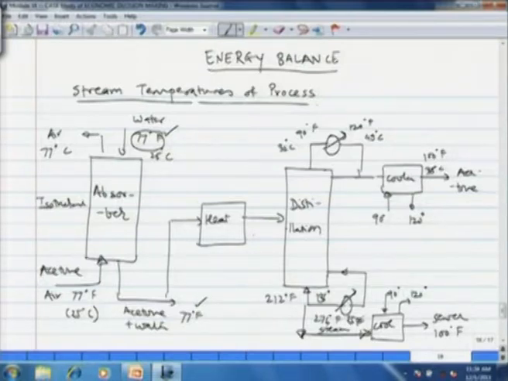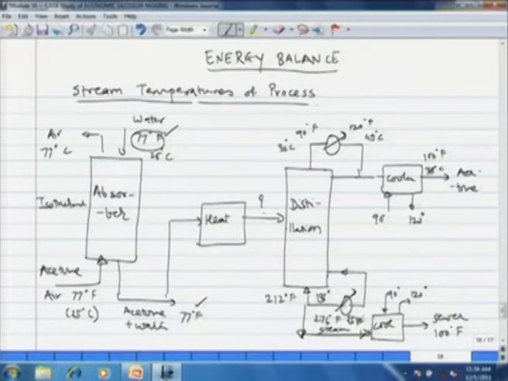Now, what should be the temperature of the stream emerging from the heater? As we have seen in previous module as well as we have seen in mass transfer operation, in most of the cases the feed to the distillation column is a saturated liquid stream. That is the liquid at its bubble point.